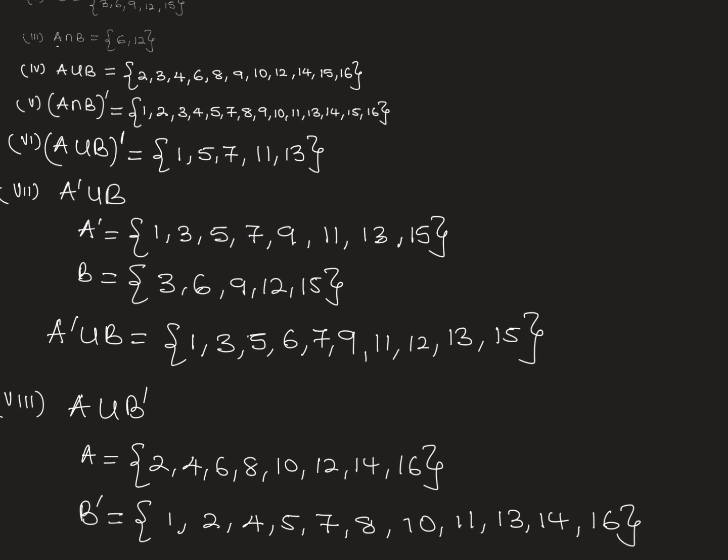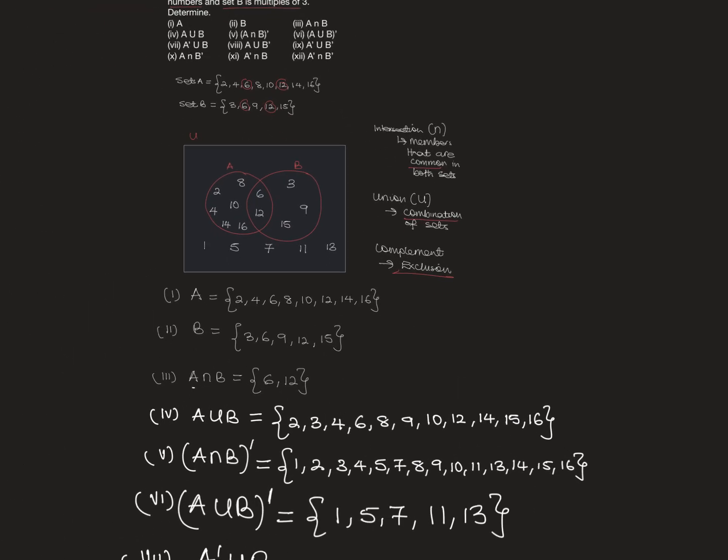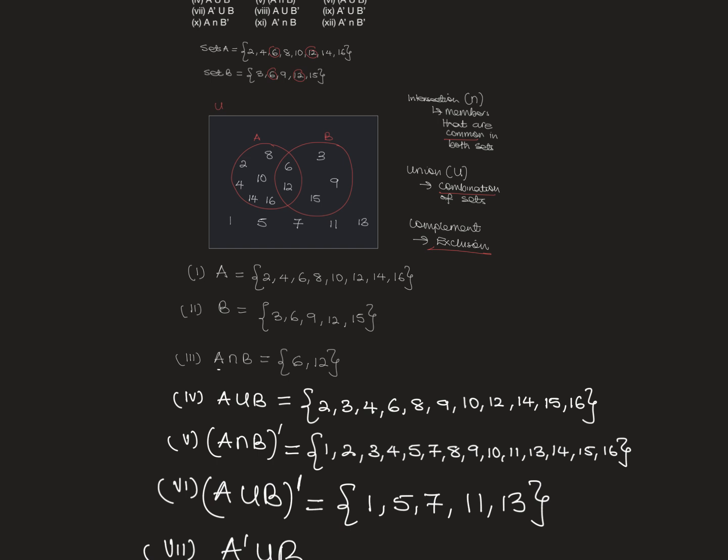Okay, if we go back to the set, B complement will be if you exclude the members of B. So we'll have 1, 2, 4, 5, 7, 8, 10, 11, 13, 14, and 16. Okay, that is B complement, meaning members not found in B.